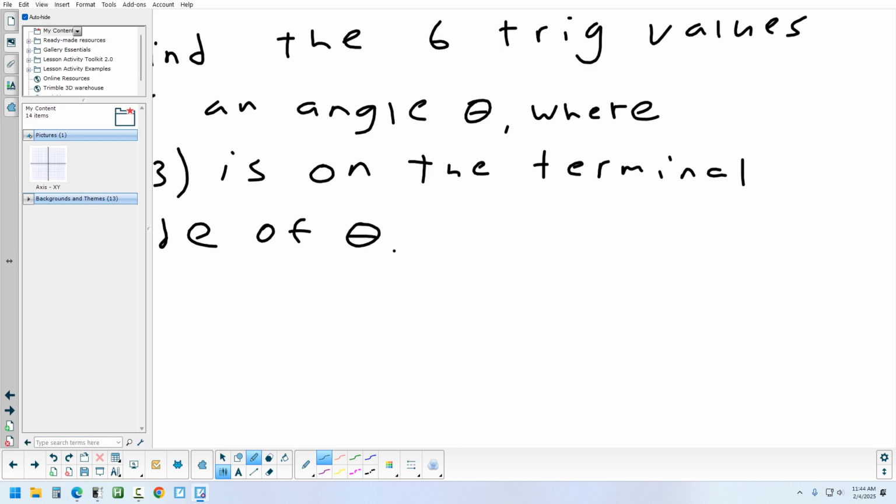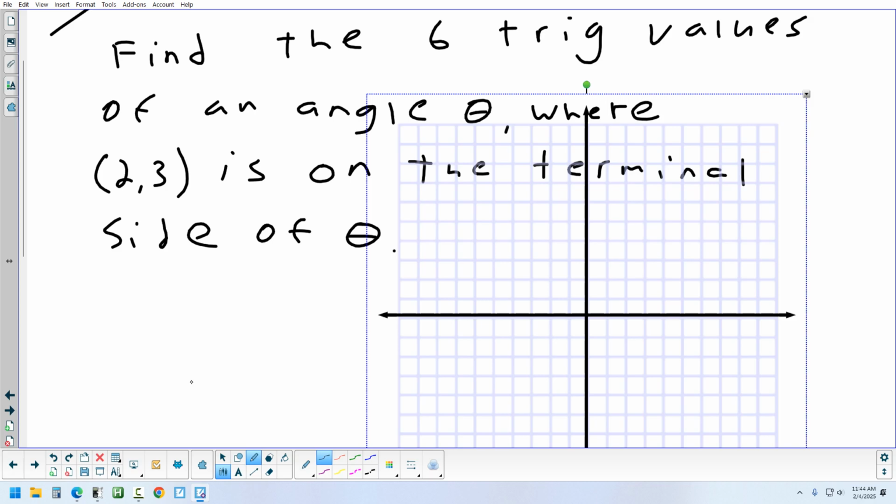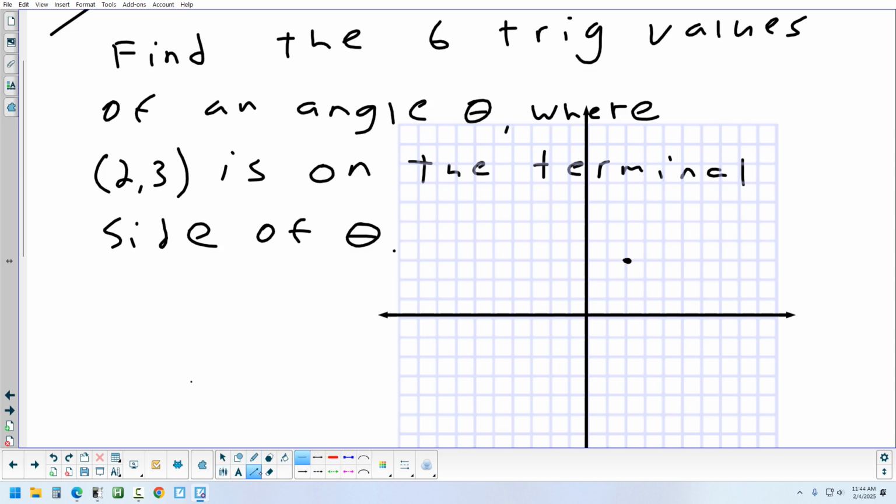Okay, so if that's confusing, well, try to draw it to make it less confusing. Mark the point 2, 3. It says the terminal side goes through the point 2, 3. Just like that.